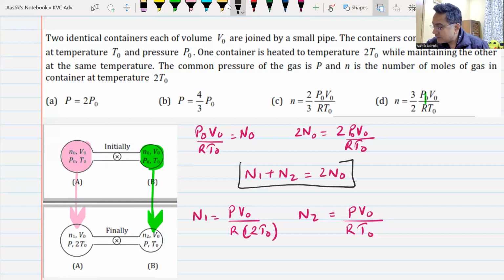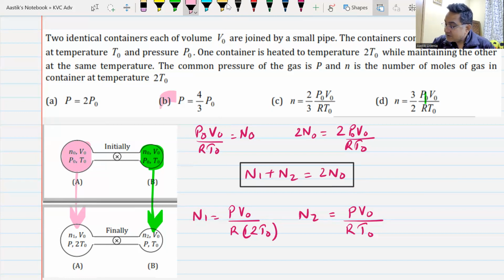From here, you will get the value of pressure. Yes or no? Solving this, you will get the value of pressure as 4 by 3 P naught.